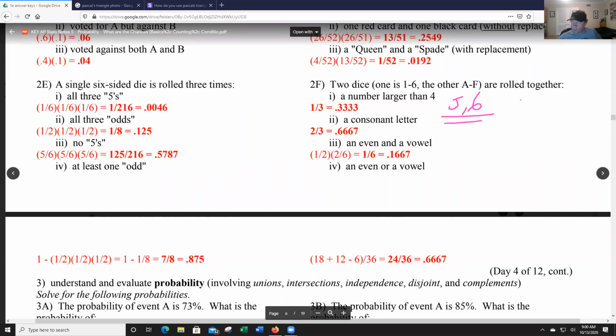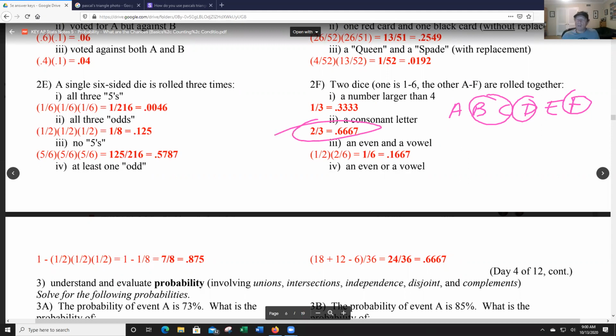So that's 2 of the 6, which is 1/3, 0.33. A consonant letter: we have A, B, C, D, E, and F. The consonants are B, C, D, and F. So 4 of the 6, which is 2/3.